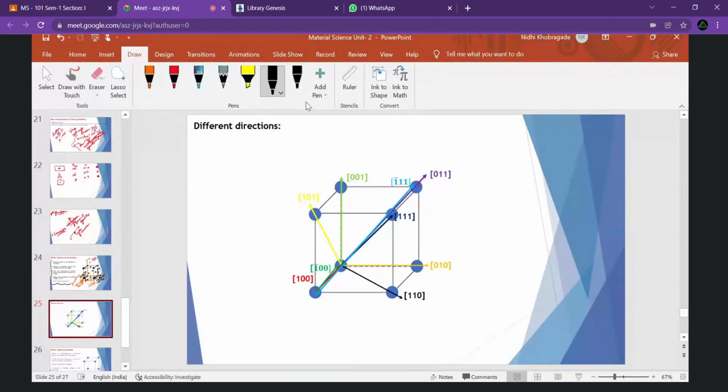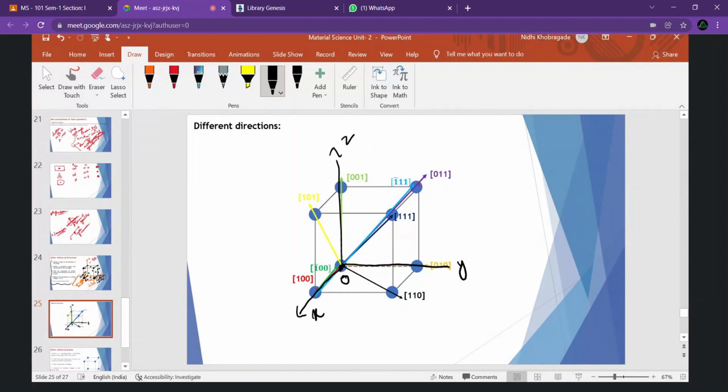First of all, we have to choose the origin. Suppose we consider this as our origin, with the different coordinates x, y, and z.